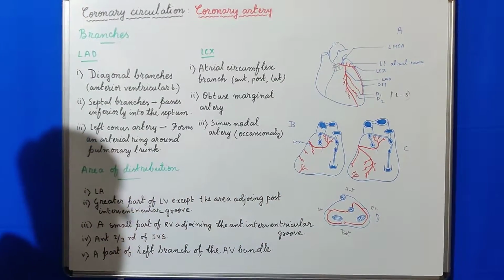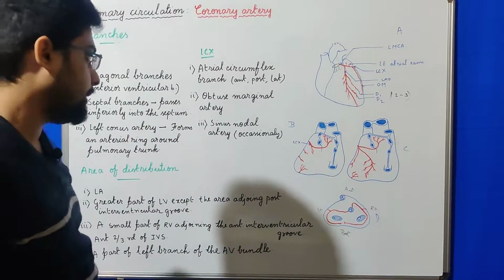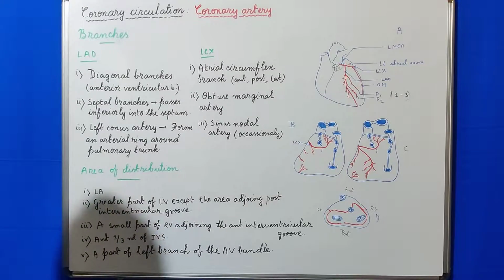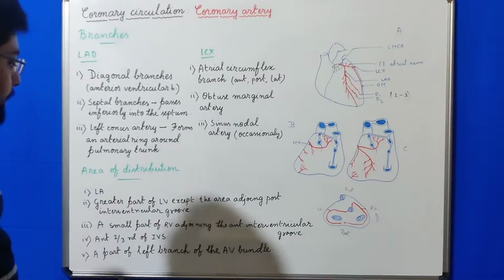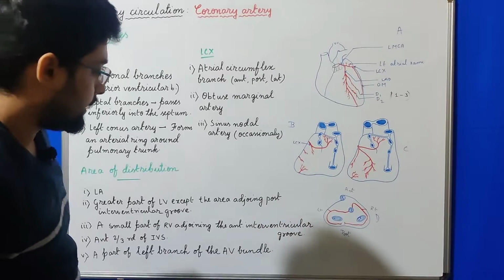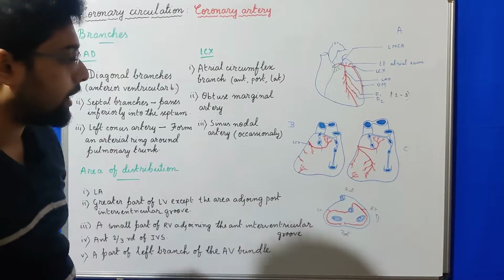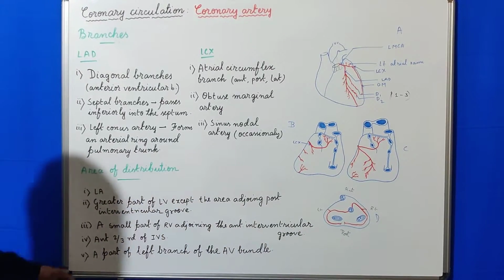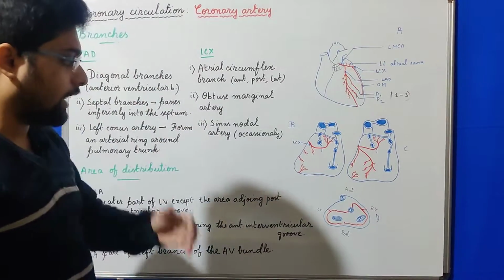The posterior one third is supplied by the RCA and the anterior two thirds by the LCA, the left coronary artery. Only a small part of the left branch of the atrioventricular bundle, a small part of the cardiac conduction system, is usually supplied by the left coronary artery.